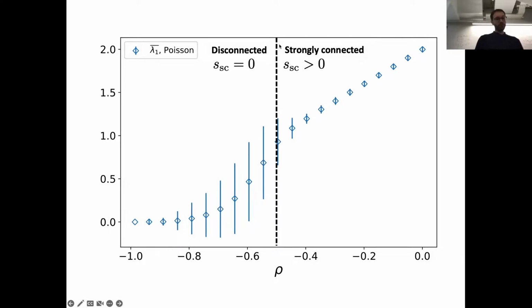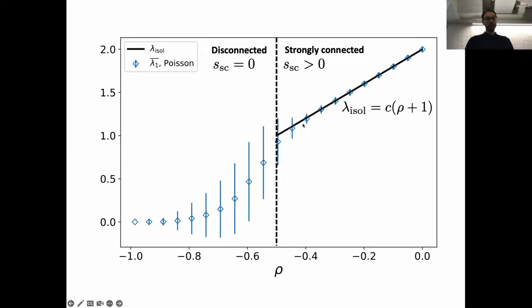So on the left, you have a graph without a giant strongly connected component. To the right, we have a giant strongly connected component. So this is a percolation transition. And we can compare the theory. So here, this is the outlier. The theory says 0 plus 1.